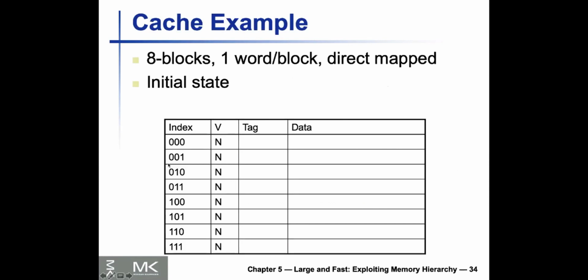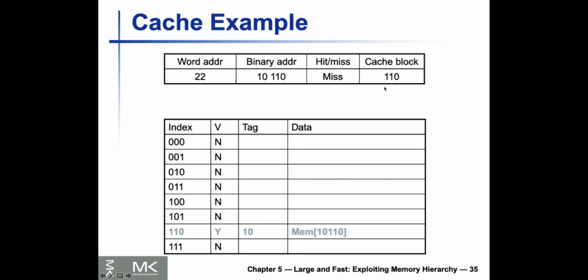Here you might be given some memory addresses sequentially, and then you might be asked to just find if it was a hit or miss and what was the tag and data here, right? For instance, here the binary address 110 comes, so you know that you have these indexes. So this is referring to 1110, which is this.